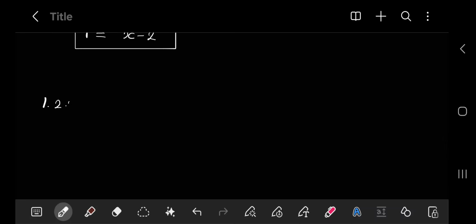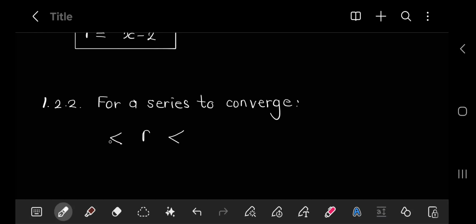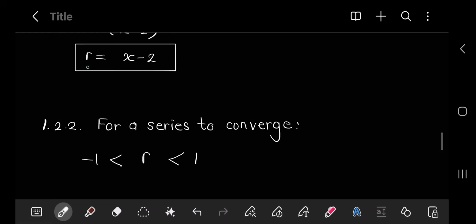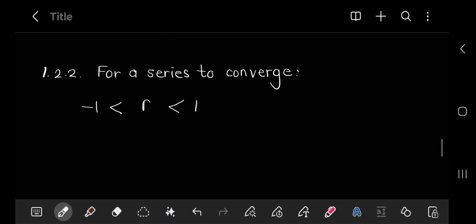So I'm going to say for a series to converge, my condition is that r must lie between -1 and +1. In the next step, I'm going to replace r with what it is equal to. So r was equal to x minus 2.